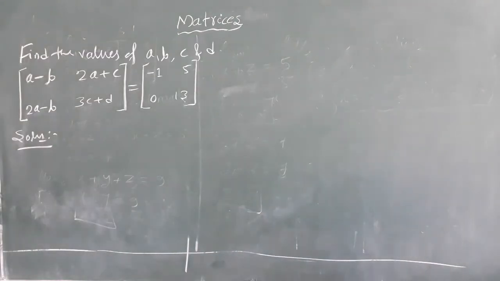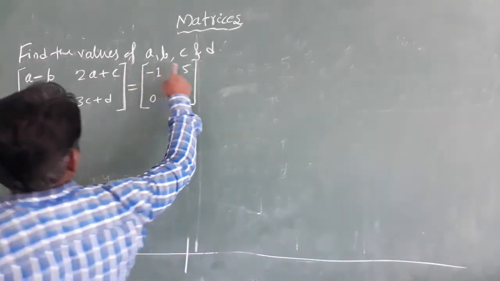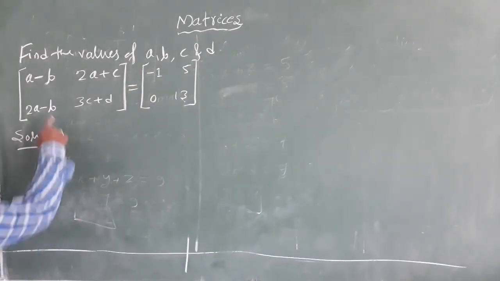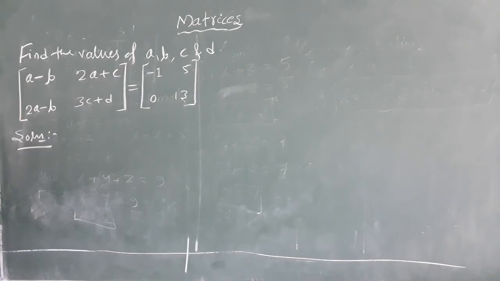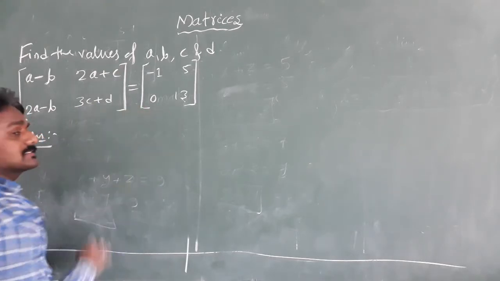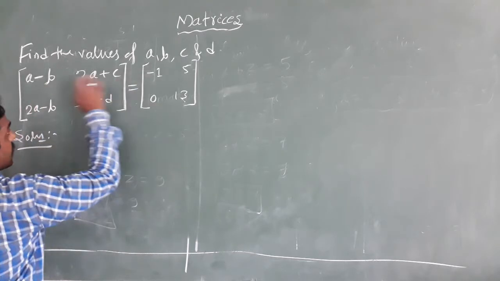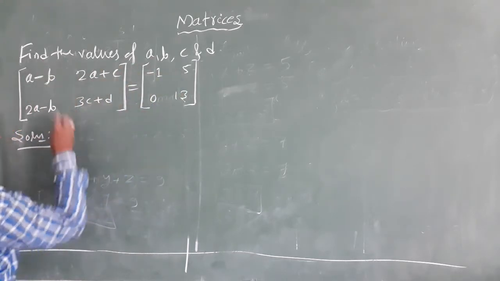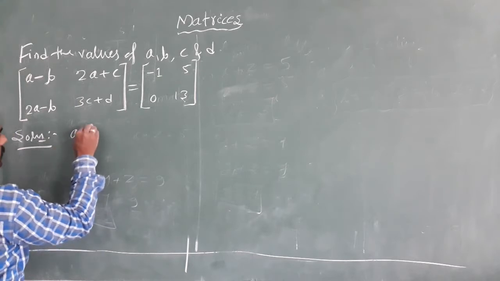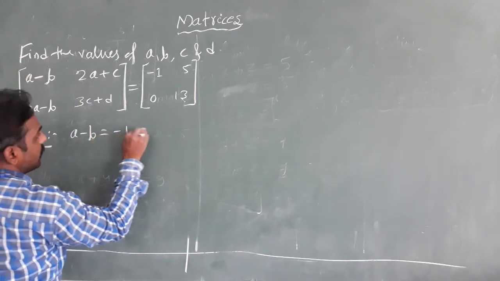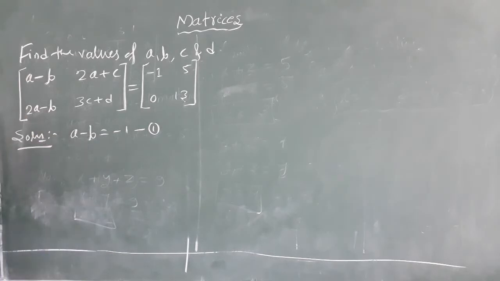Okay. Next question, students. Find the values of A, B, C and D from this given matrix. So already both the matrices are of the same order. Just what we will do now? We will equate the corresponding elements. A minus B equals minus 1, take that as equation number 1.